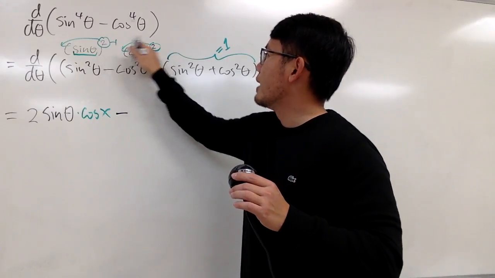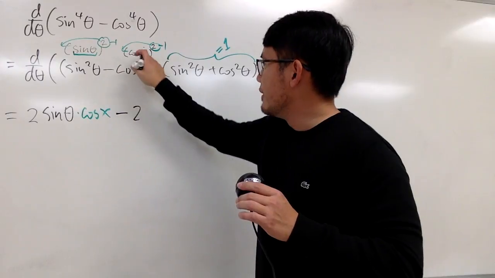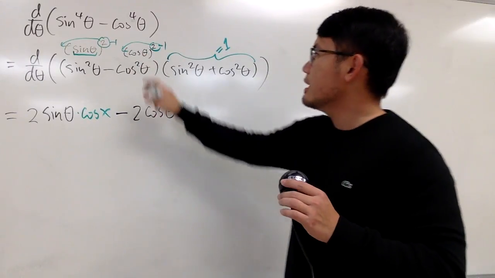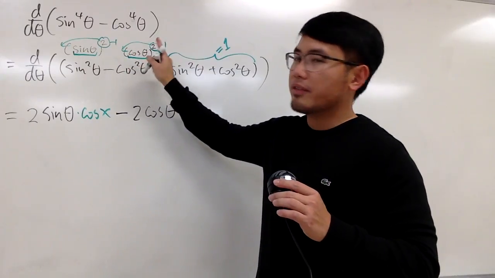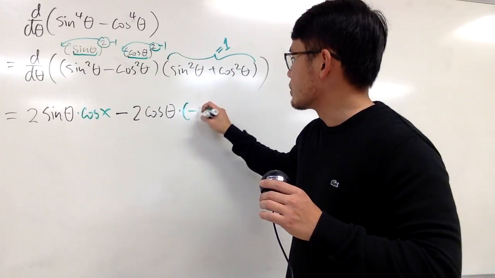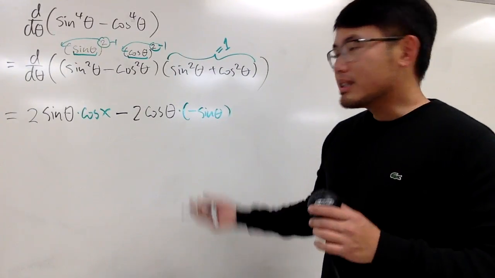You bring the 2 to the front, minus 1. So we get 2, and then the input cosine theta stays the same. And you multiply by the derivative of the inside function. The derivative of cosine theta is negative sine theta, so we have negative sine theta here. Right, that's pretty much it.